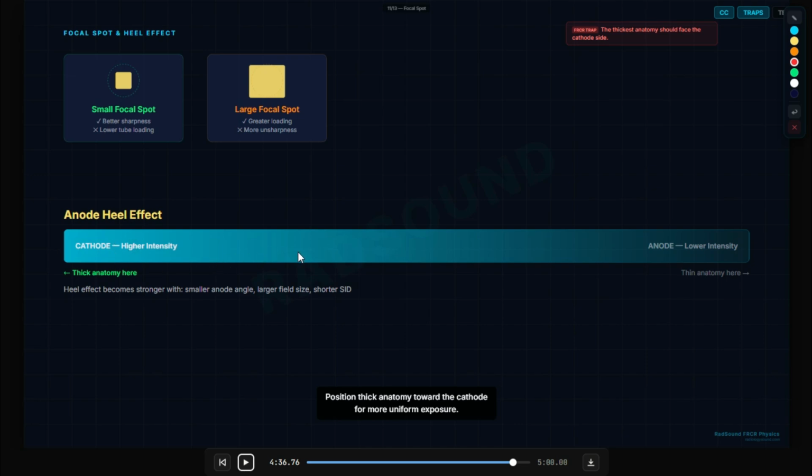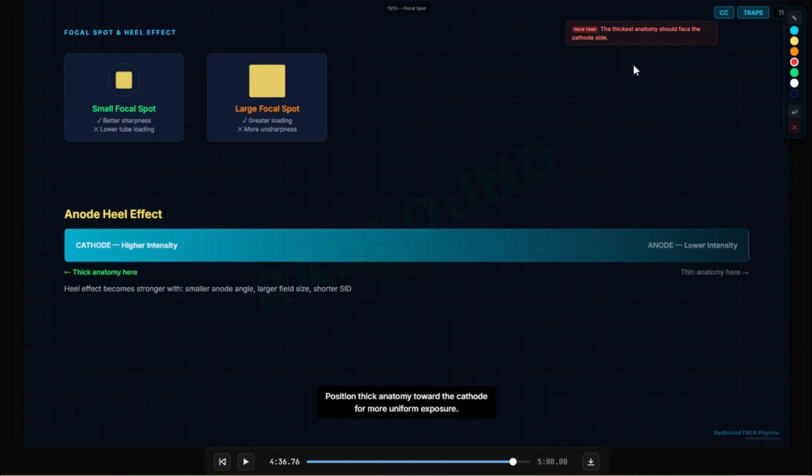Toward the anode side, the intensity of the X-ray coming out of the tube is less intense. So we mostly use this to exploit the disadvantage and place the thicker anatomy toward the cathode so that we can have better beam distribution across the body part. So the thickest anatomy should be placed toward the cathode side. This is very important.